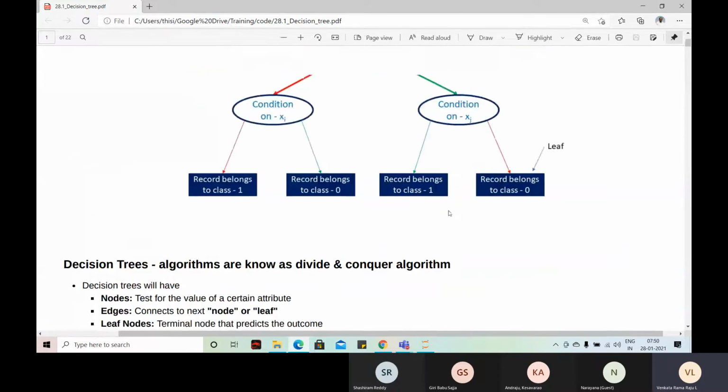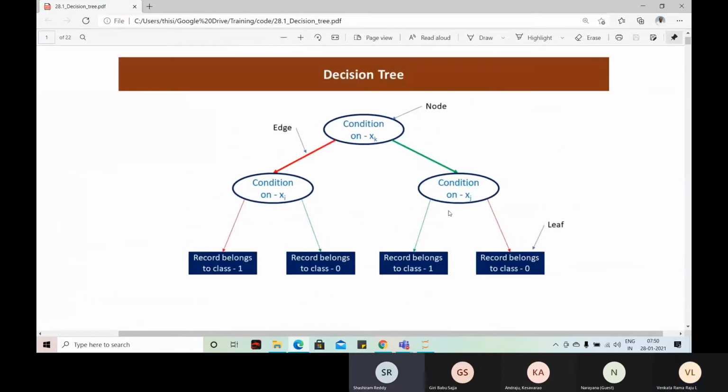Sir, actually, I missed the last maybe 5-10 minutes. Can you quickly explain? Sure, yeah, that's fine. Decision trees divide the data into sub. Sir, I lost your voice.